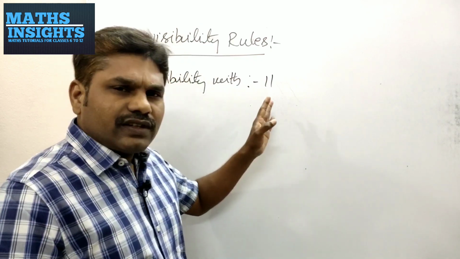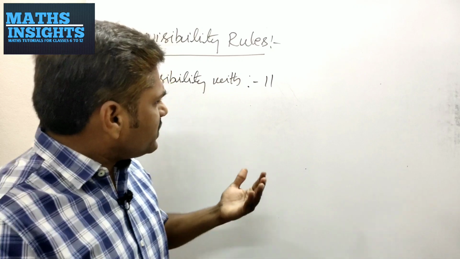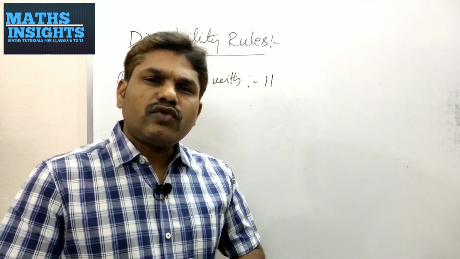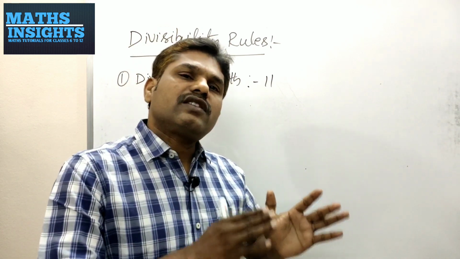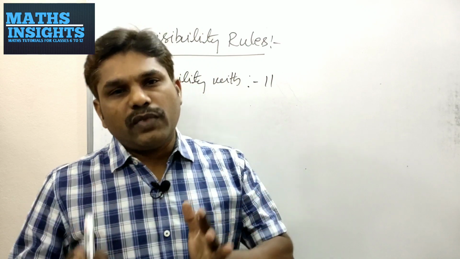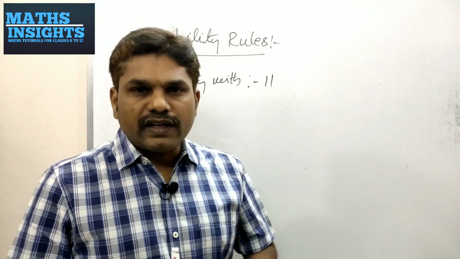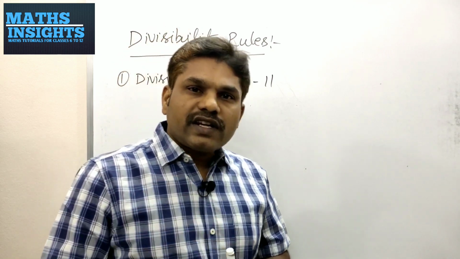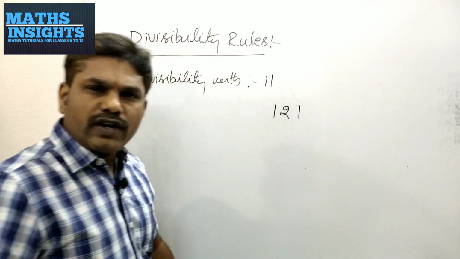Next one is 11. This is somewhat different from other rules. If you want to check whether any number is divisible by 11 or not, you have to take the sum of digits in even places and the sum of digits in odd places. If those sums are equal, then that number is exactly divisible by 11. Suppose I am taking a very simple number, 121.